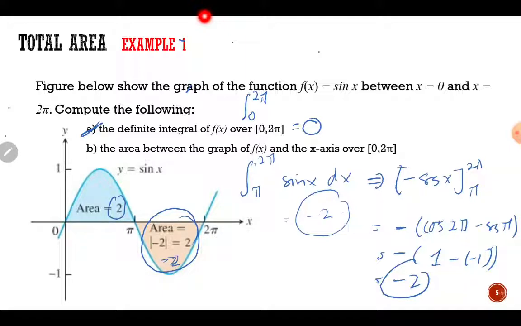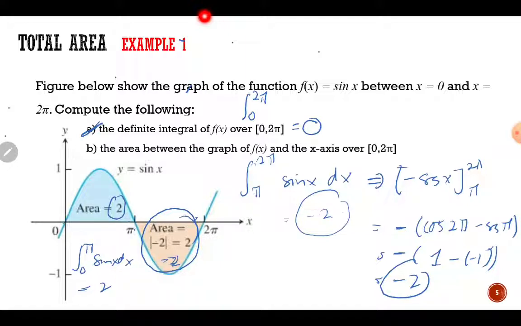That is the answer to why we get 0 if you integrate straight from 0 to 2 pi: the area from 0 to pi of sin x dx gives 2, and from pi to 2 pi gives negative 2.